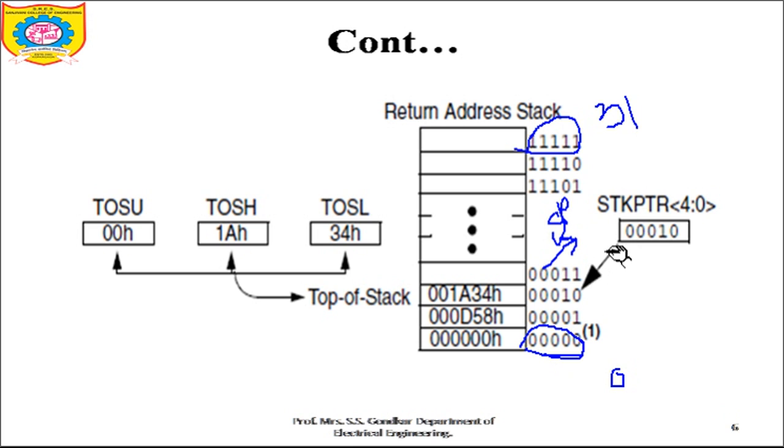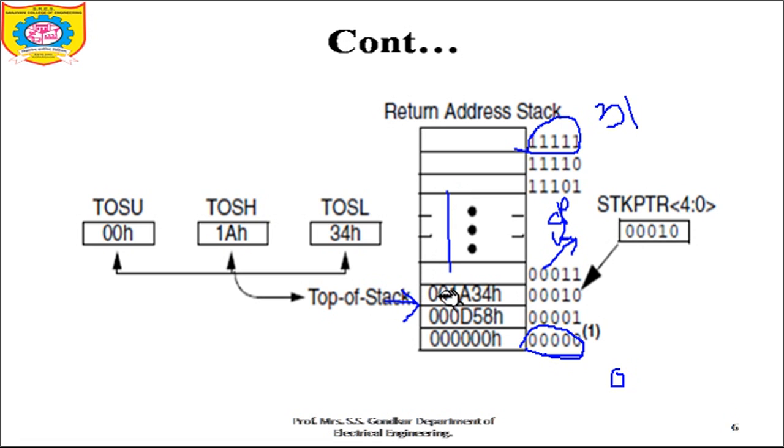Now if it is pointing here, it means the stack pointer is pointing to 0 0 0 1 0. And here you can see some values are written onto the stack, that is 0 0 0, 0 0 0, D5 8 and so on. But here the last entry is done. It means above this you don't have any entry written.